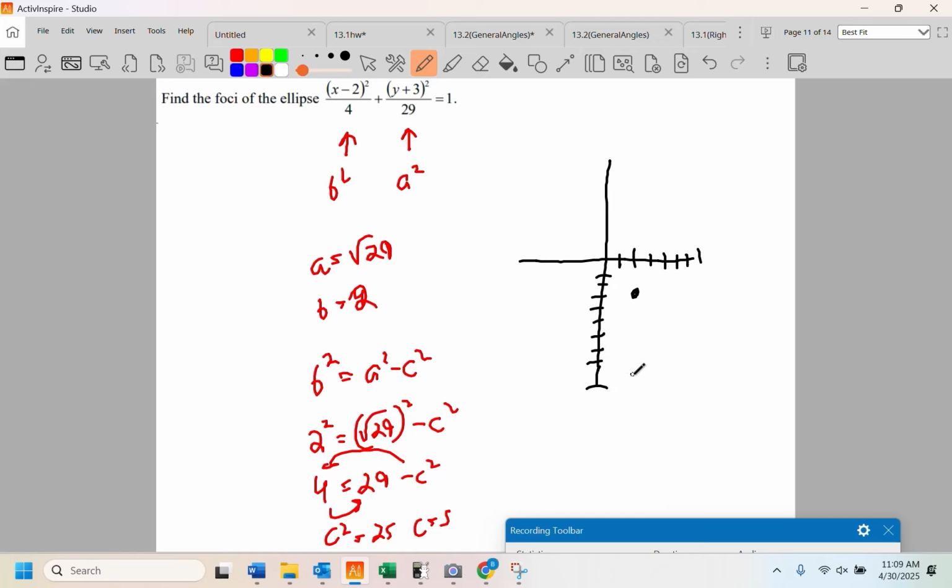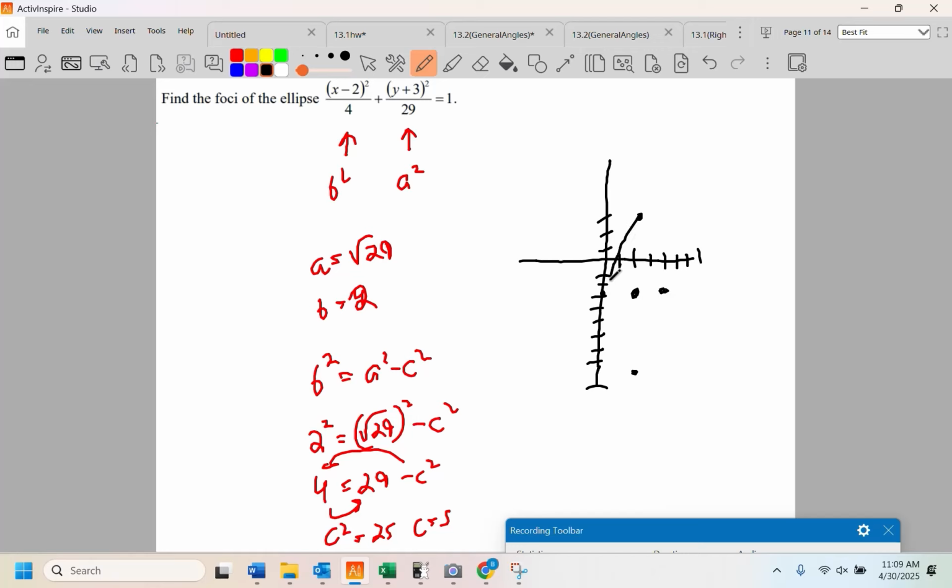It's down about 5.4, 1, 2, 3, 4, 5, 6. About right there. The minor axis is 2.